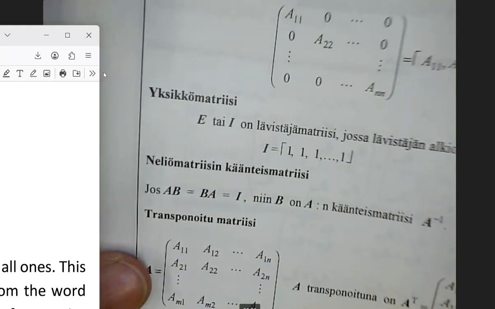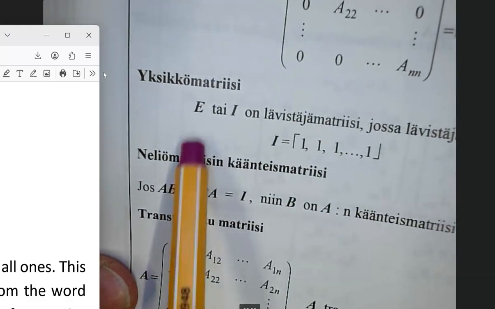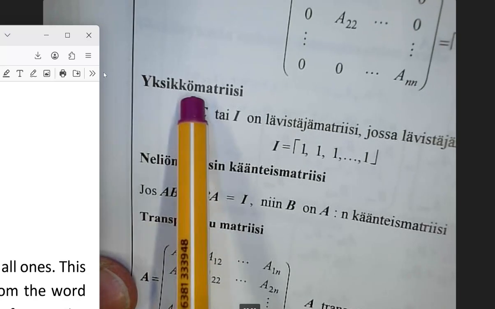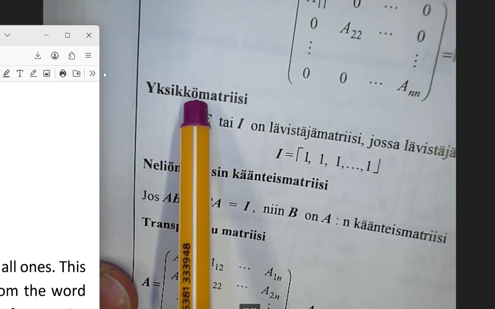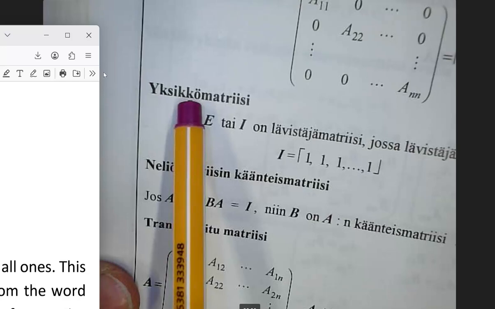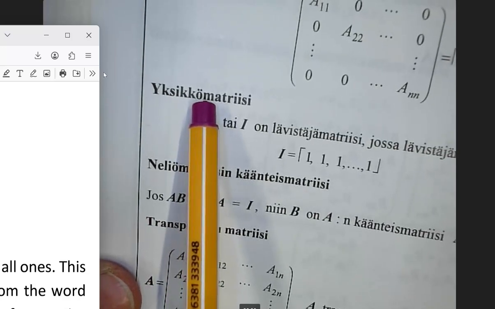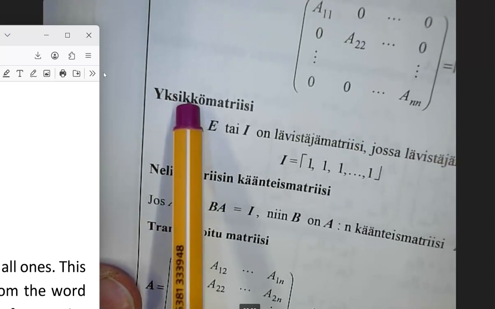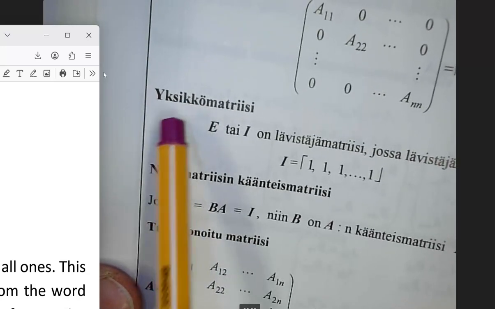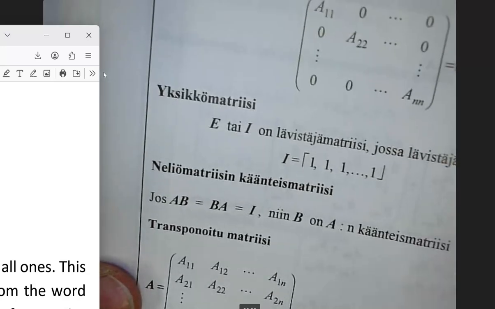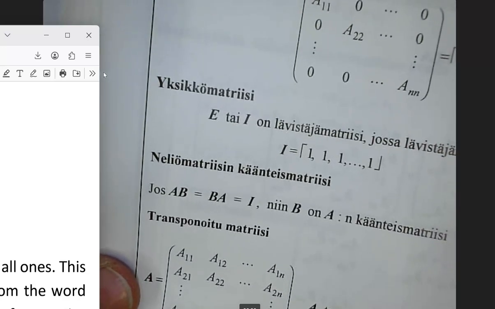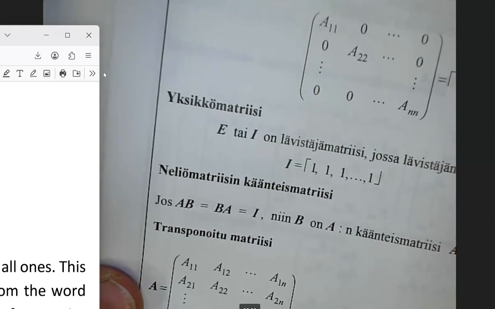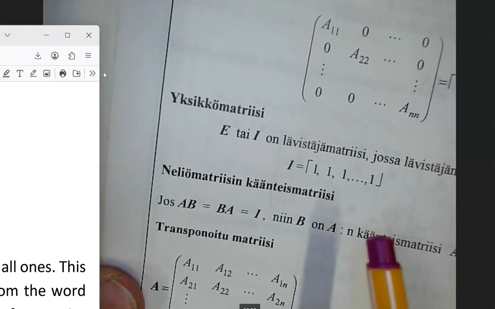And here is the yksikkömatriisi, which is the same as unit matrix. Yksikkö is the same as unit in Finnish. You may think that yksi is the number one in Finnish, so it has something to do with the number one in this kind of matrix.